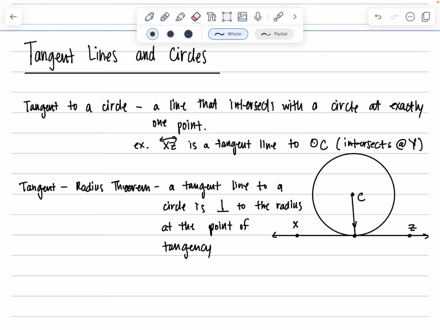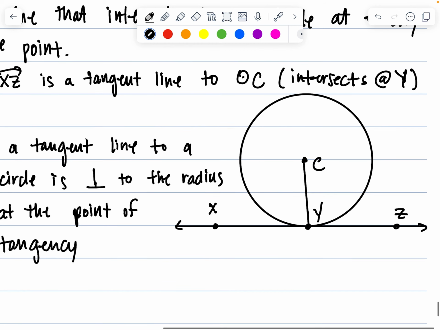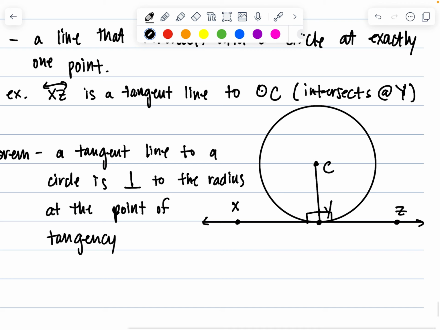Let me draw that Y somewhere else because that Y is in the way. Let's move this off to the right here, Y. Now, since this is a tangent line, it will always be perpendicular. The radius that is CY is always going to be perpendicular to the tangent line XZ.